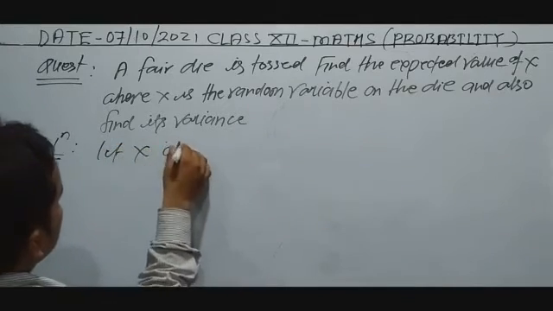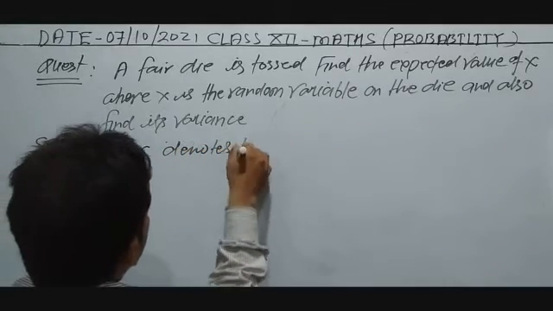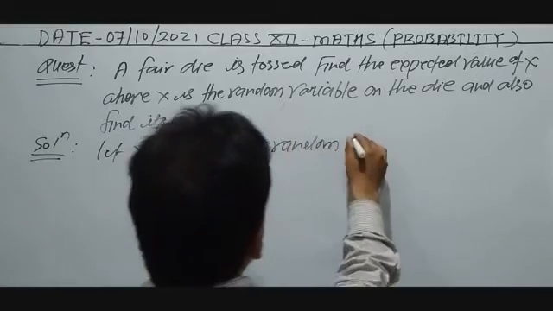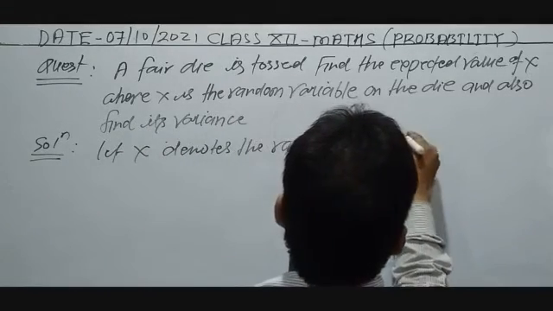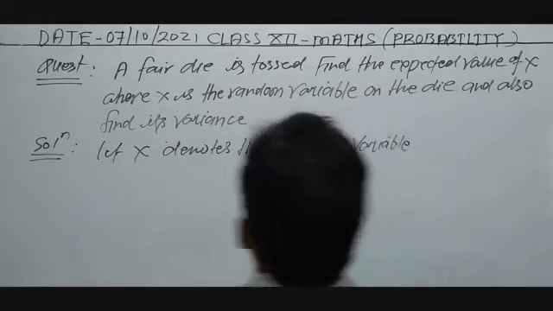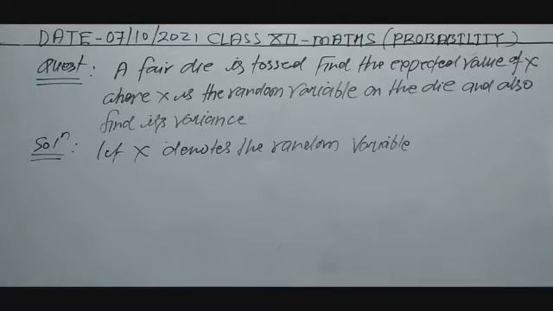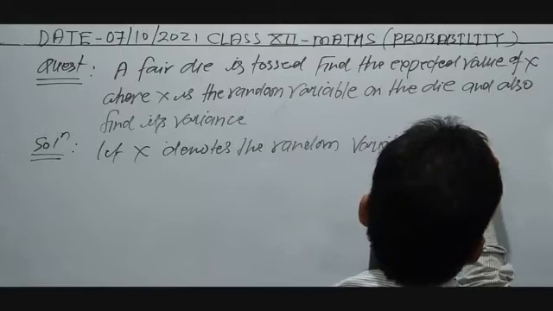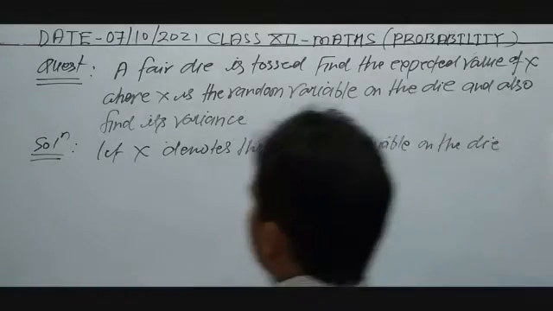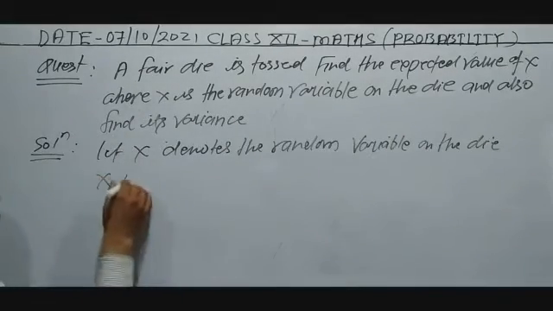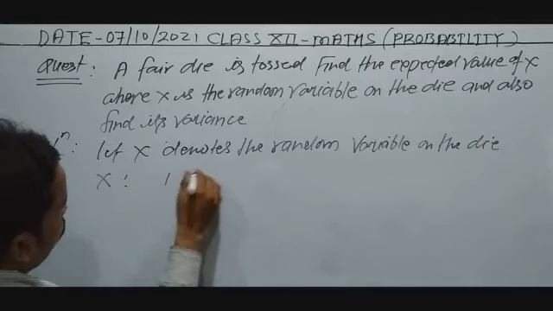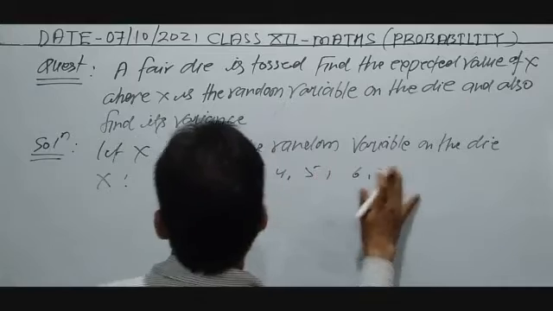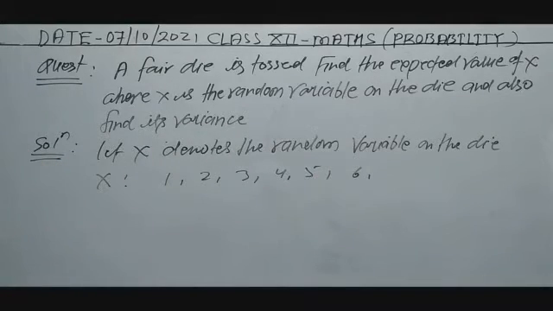Let x denote the random variable on the die, and on the die you know the possible outcomes. So x will be 1, 2, 3, 4, 5, 6. So this is the random variable.